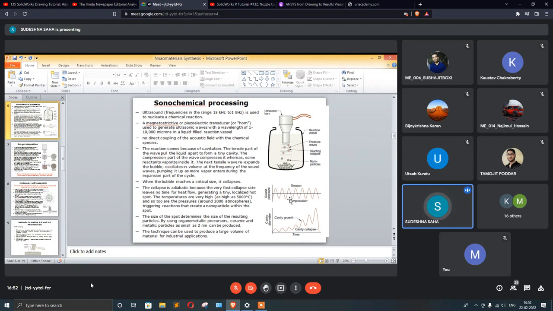If you look at this ultrasonic sound wave, it looks something like this. There is a tensile part, and there is a compression part.